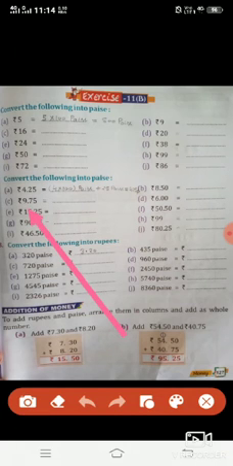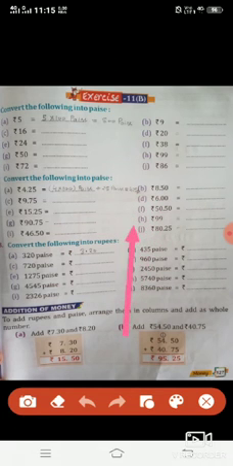Students, be noted very well, 1 rupee equals 100 paise, so 4 rupees equals 4 into 100 paise, plus 25 paise, and finally we get 425 paise. That's the way you will solve the rest of the questions.